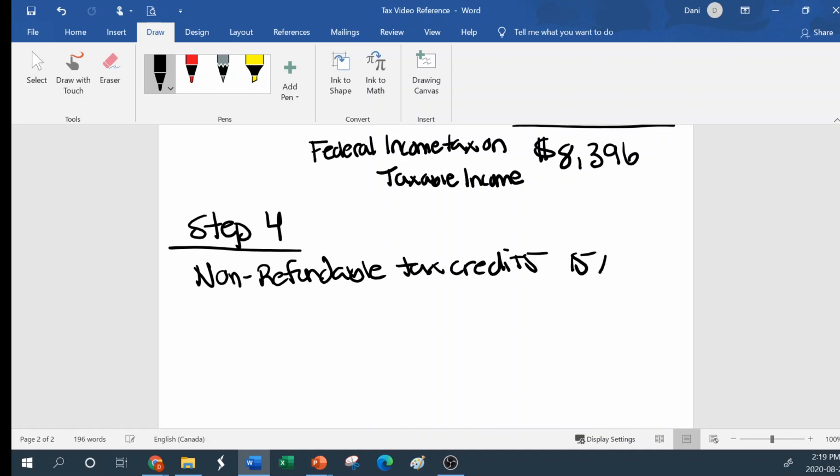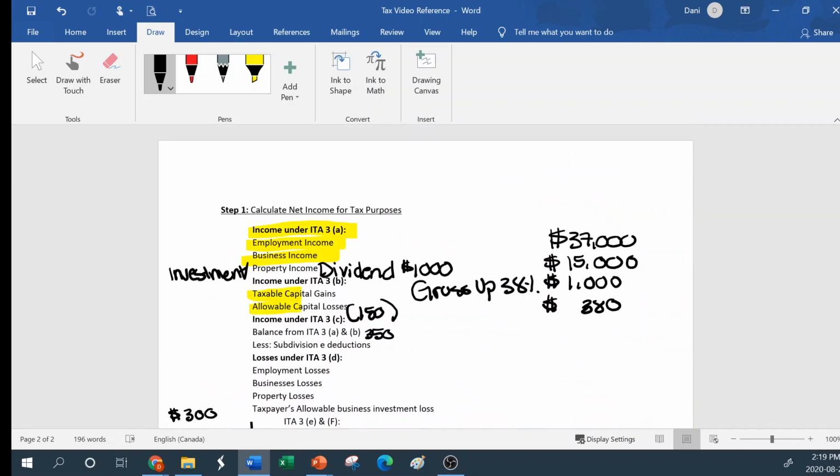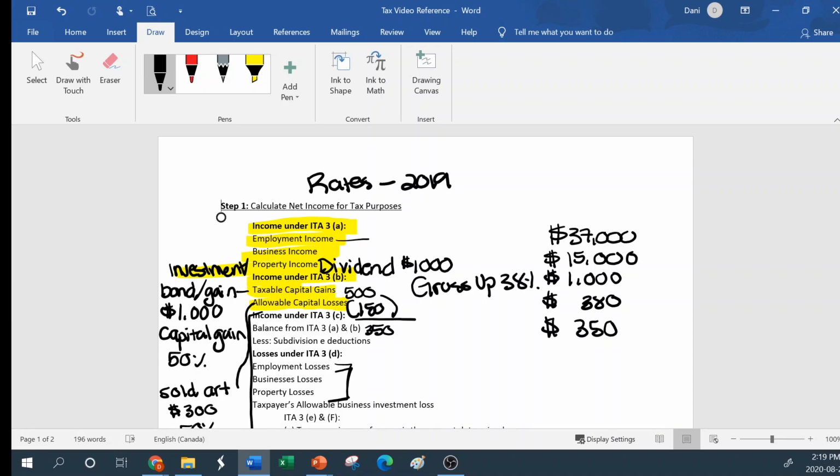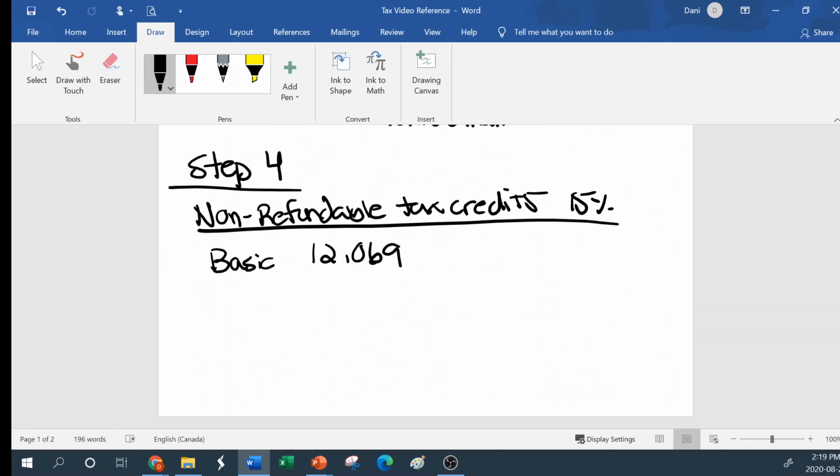And these are always at 15%. So, for example, everyone qualifies for the basic tax credit, which is $12,069 in 2019. Because this individual has employment income, as we saw up above, they likely received a T4, and it's very likely that they work for a Canadian company.